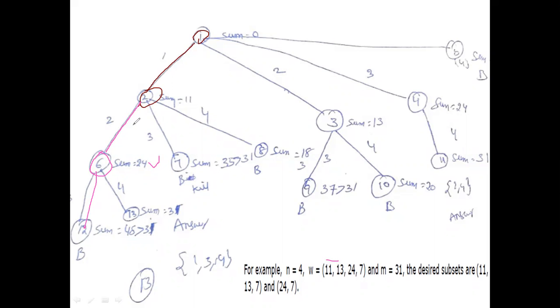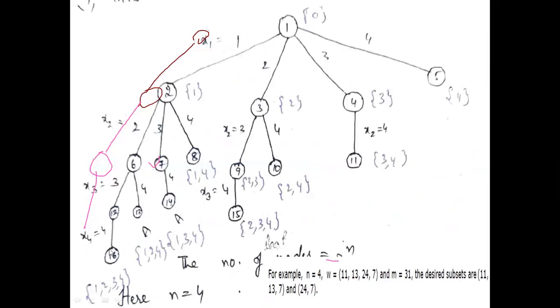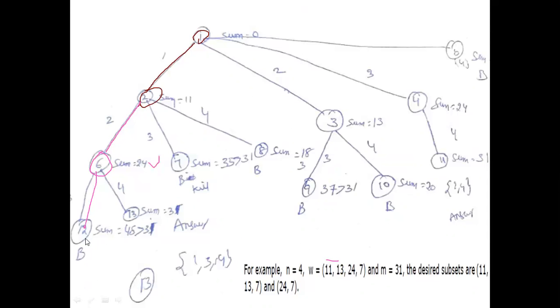Actually, the 12th node has another child, the 16th, but it cannot generate children because it does not satisfy the criteria function. If the sum of the elements is less than 31, you can generate another child. If the sum is greater than 31, kill the live node.